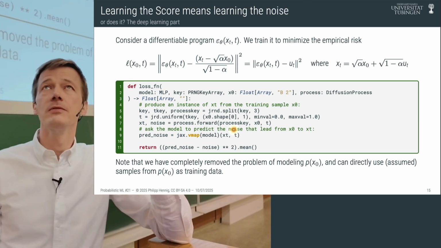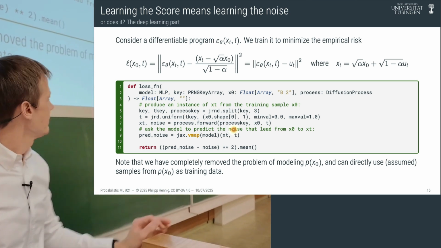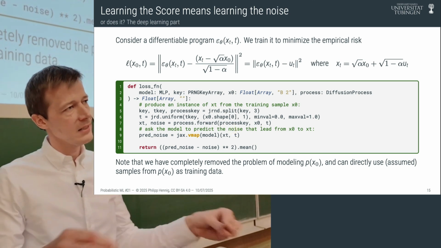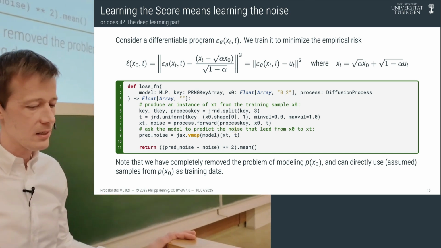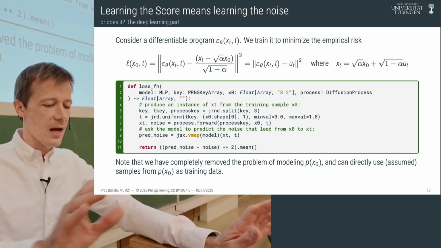The question is, what do we know about the distribution? So maybe your question is, why do we learn the noise? And here I have to say I haven't really found a clean one-line explanation yet. Maybe if you read some of the papers that I have on the last slide, you might find a good one.